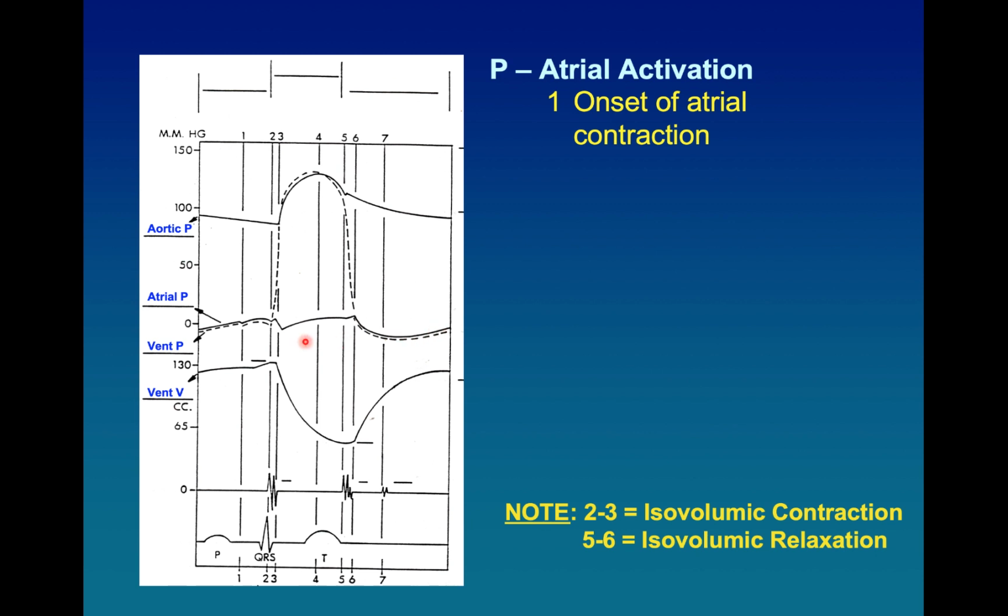What we want to look at here is this beginning portion. When the P wave hits, that means atrial depolarization happens, which means the atria have contracted, which means that the atrial pressure should be rising. That's going to be this atrial pressure right here. So you see the slight rise from here up there.